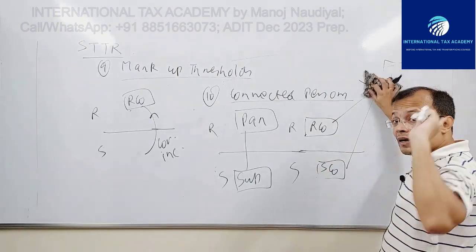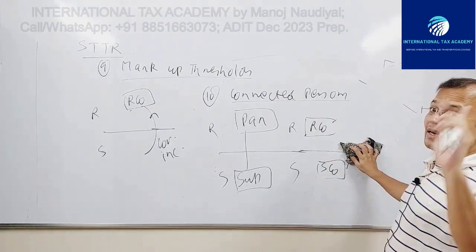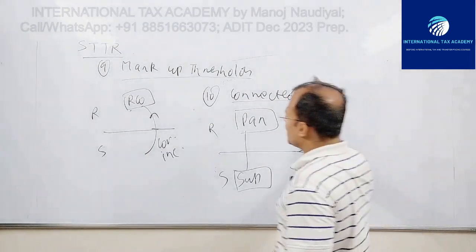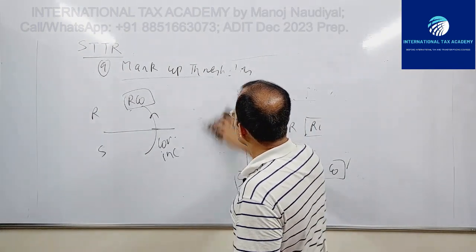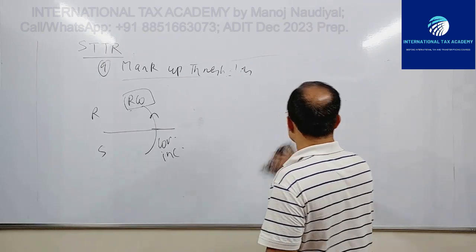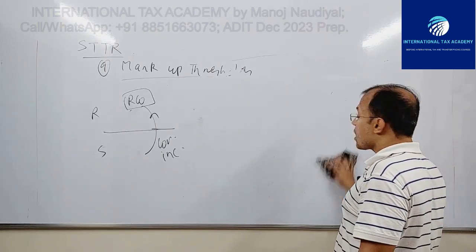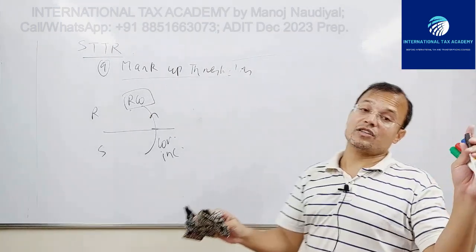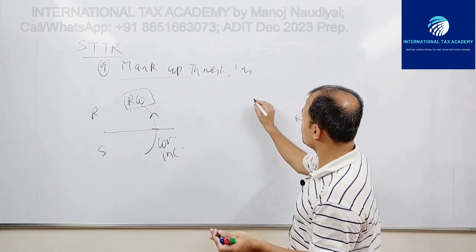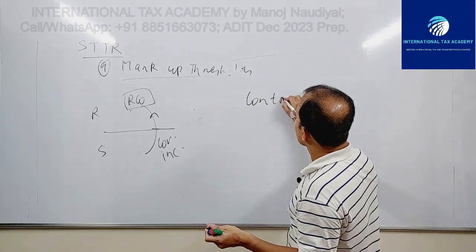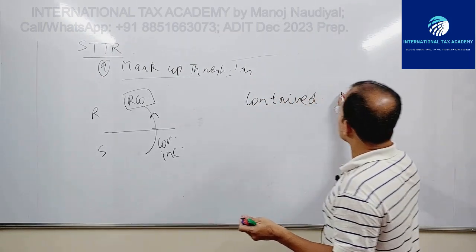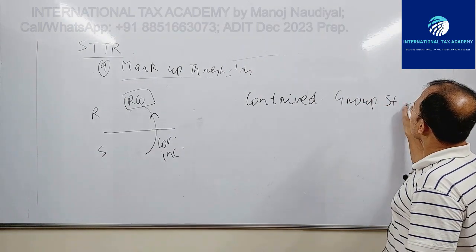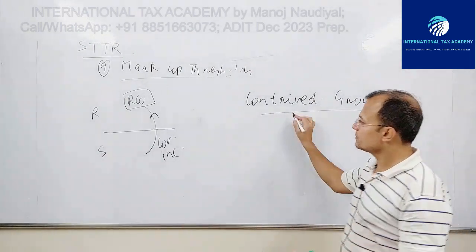Eleven. Connected persons targeted anti-avoidance rule. And remember, I told you that these sorts of payments can be used by multinational groups for creating contrived schemes, contrived group structures that lead to BEPS in S countries.